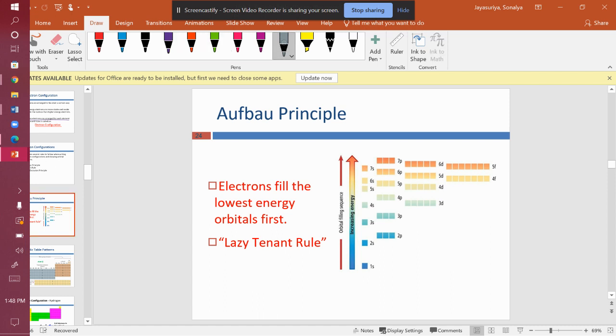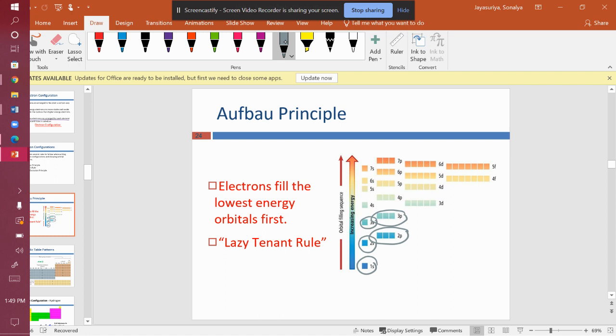Now, even though we want our lives to be super organized, sometimes real life is a little bit different. So look at the orbitals. You have 1s, that's the first energy level. Then you have 2, second energy level, S-type apartment. Second energy level, P-type apartment. Third energy level, S-type apartment. Third energy level, P-type apartment.